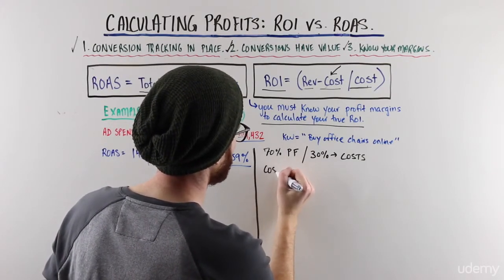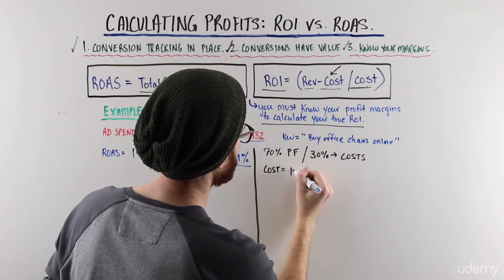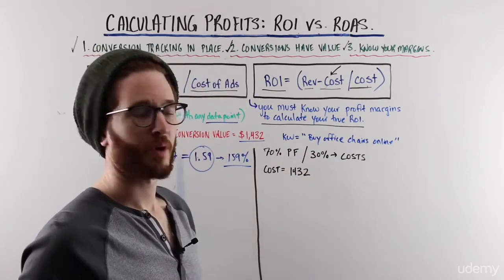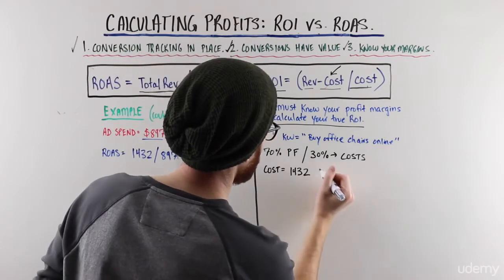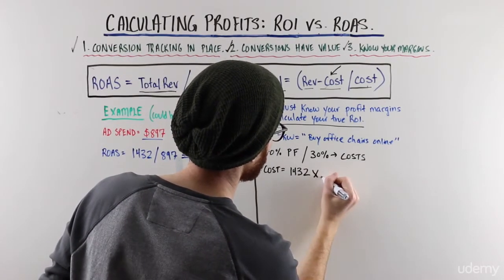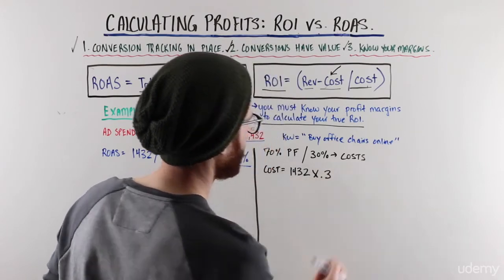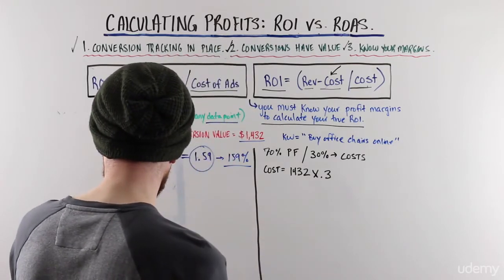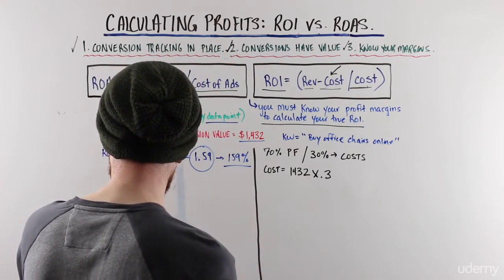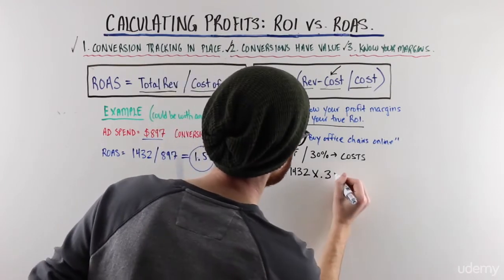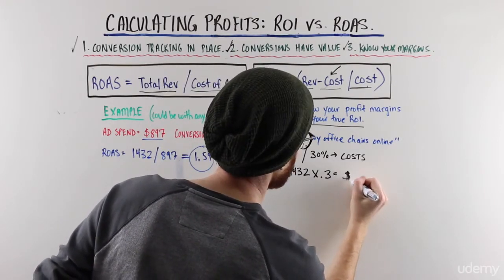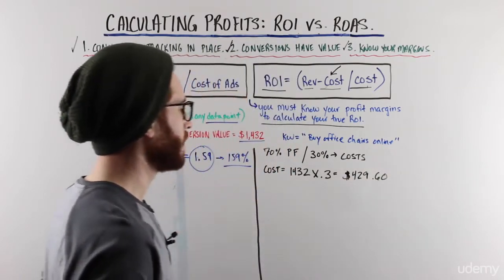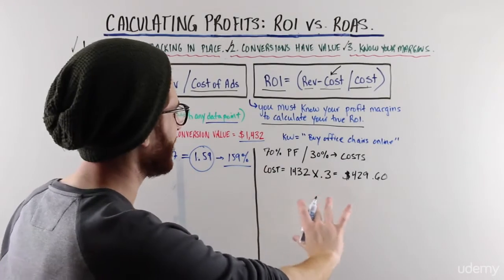So cost equals $1,432, which is our total revenue, multiplied by 0.3, because 30% is our cost. So what's 1432 multiplied by 0.3? That comes out to, and once again you can check it up, 429.60. Okay? So it might look complicated, but it's very simple.